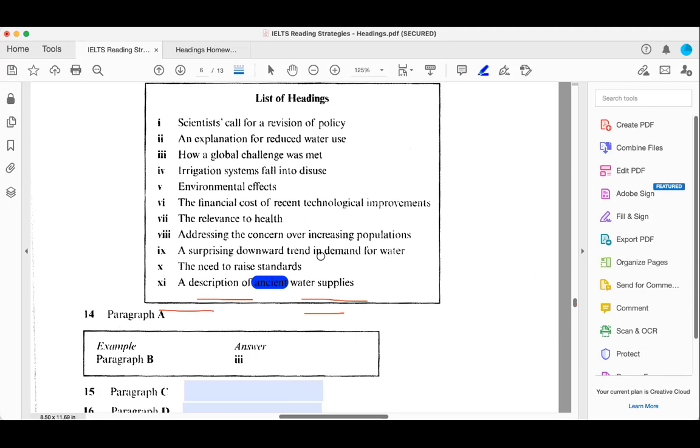Need to raise standards, yes or no? No. Again, the most important thing, guys: unless you find a reason, never give the answer. So we read the second sentence, no answers at all because we don't have a synonym.